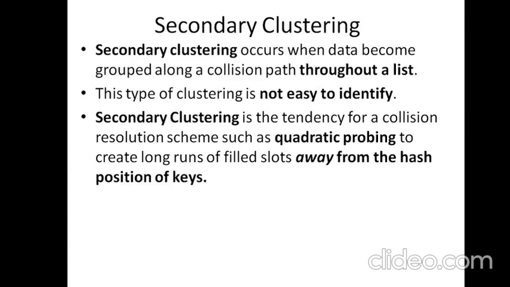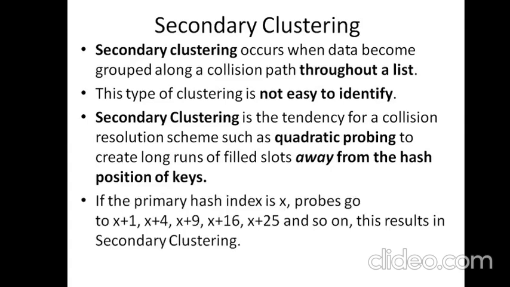And the second problem with secondary clustering is the tendency for a collision resolution scheme such as quadratic probing to create long runs of filled slots away from the hash position keys. The example of quadratic probing we will see shortly. For example, if the primary hash index is x, probes go to x plus 1.